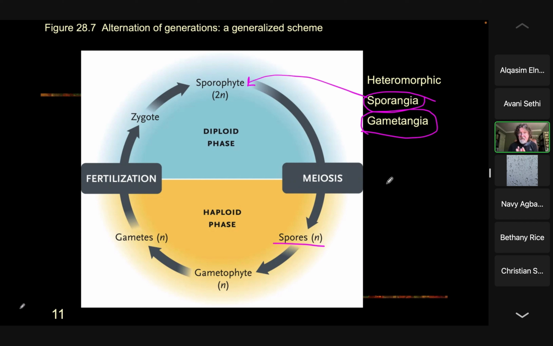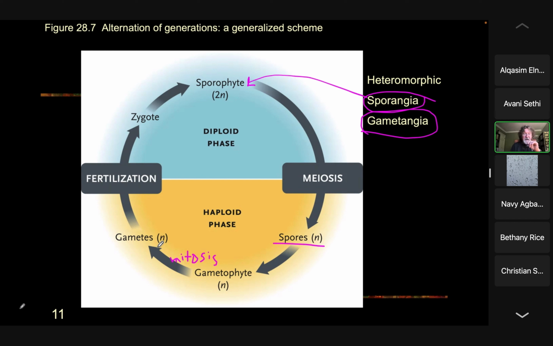This is a reproductive organ, and in the gametangia, depending on whether this gametophyte is male, female, or bisexual, mitosis will produce single cells, gametes, sperm and egg, which are genetically identical to the cells of the adult gametophyte because they're produced by mitosis.